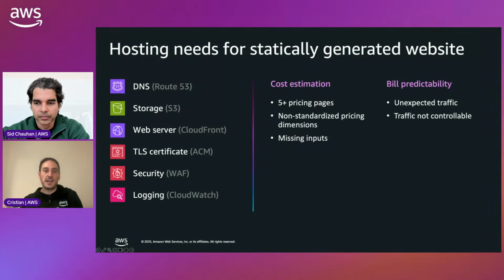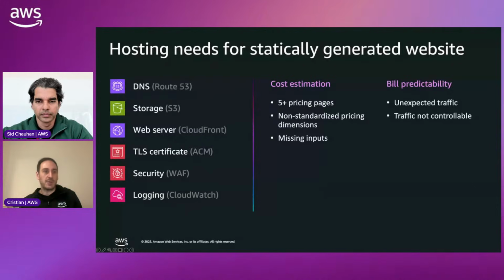So on the cost estimation side, right, you're going to have 5 different pricing pages. All the pricing dimensions are going to be different depending on not only the different services, but the features within those services, and they're not standardized. So you can't take something like number of requests and say, I'm gonna have 100,000 requests, I think, for my application. That's kind of my forecast. How much does it cost to serve 100,000 requests, web requests for DNS?